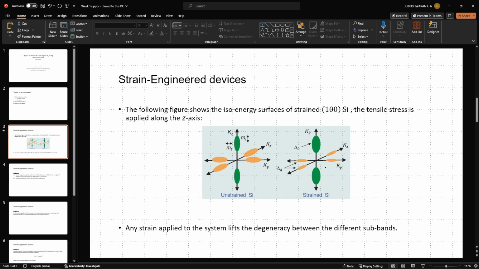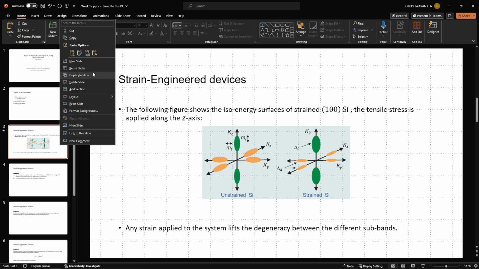We have also seen the notion of subbands when we spoke about quasi 1D and quasi 2D channels. Here also the concept is more or less the same, but the origin is slightly different. I shall briefly mention how that happens.